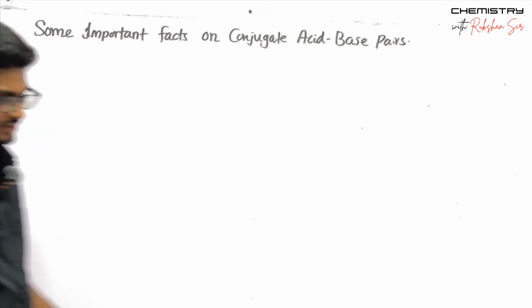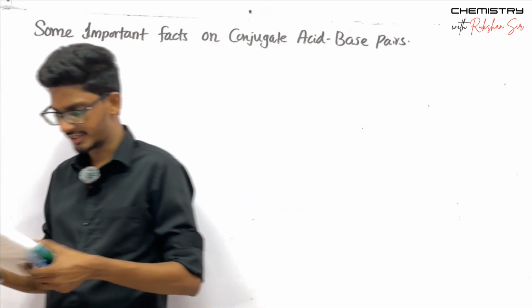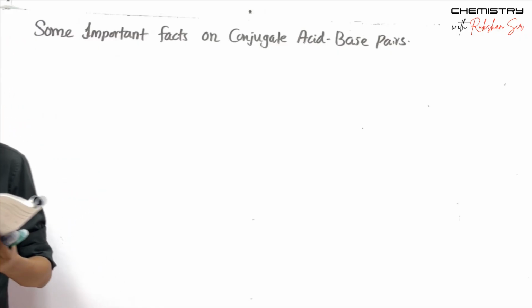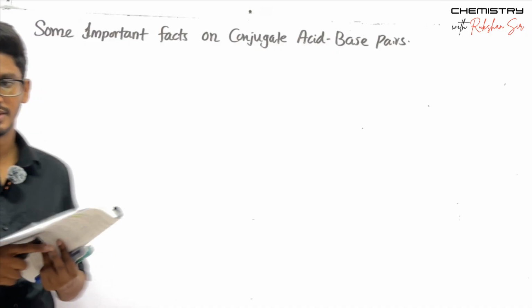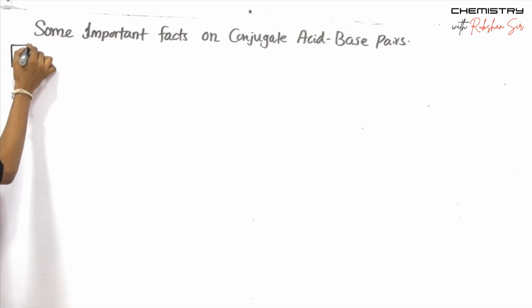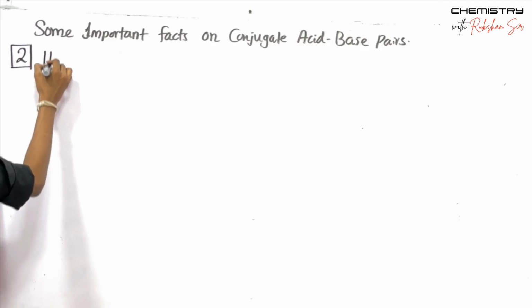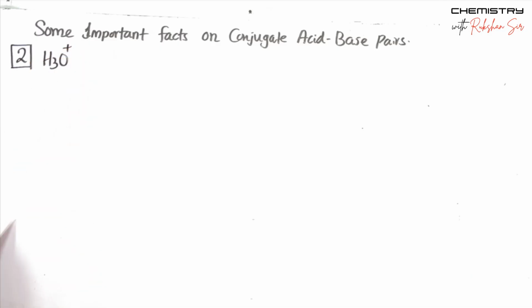Point number 2. Let's first read the stuff. H3O plus is the strongest acid that can exist in an aqueous solution. That is what it says. Just highlight this phrase or statement.